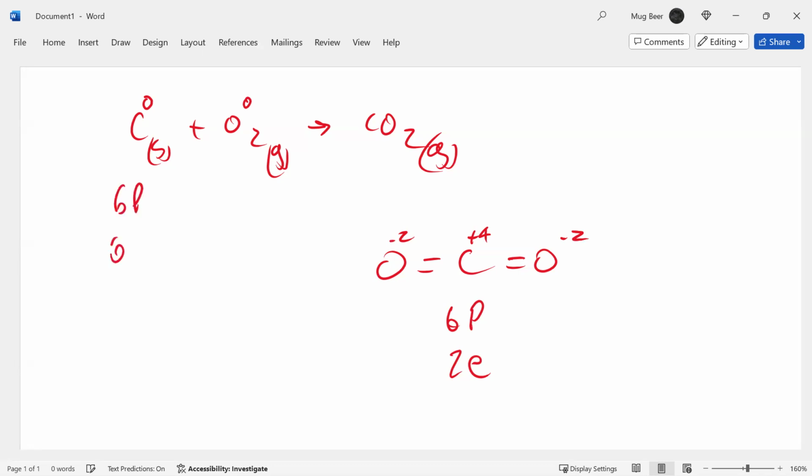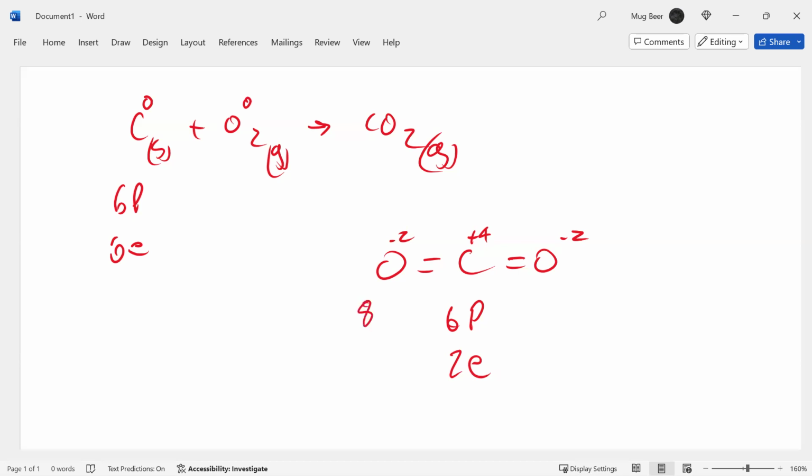So it's got 6 protons and it's got 6 electrons. So over here, after the reaction has occurred, it still has its 6 protons because that number can't change in a chemical reaction no matter what. But since its charge is now +4, it lost 4 negative charges. So now it only has 2 electrons. Do you remember that? I mean, does that make sense at least? Its charge is +4. The only way it can be positively charged is if it lost electrons because it can't gain pluses. So tell me what's going on with the oxygens.